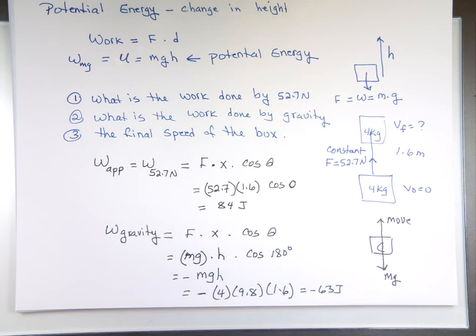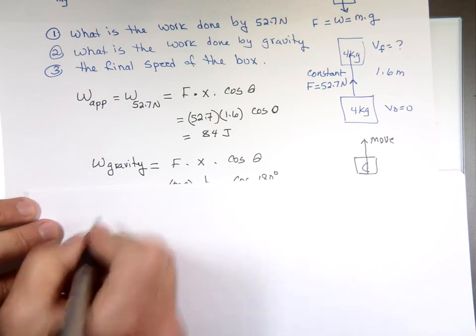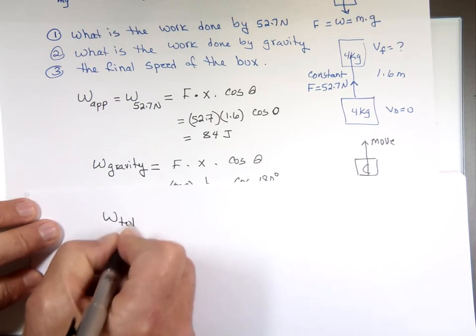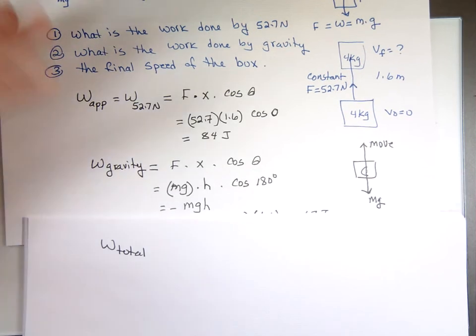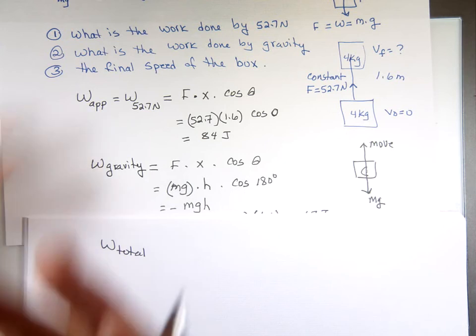What was the other question? What is the final speed of the ball? Okay. So what is the total work done? Let's look at the total work. There's only 2 things causing the work. It's us picking the box up and gravity pulling down.